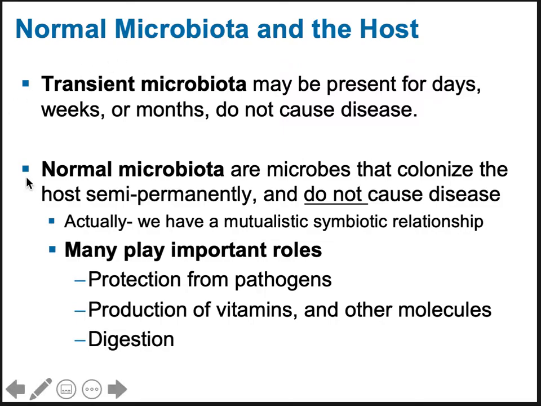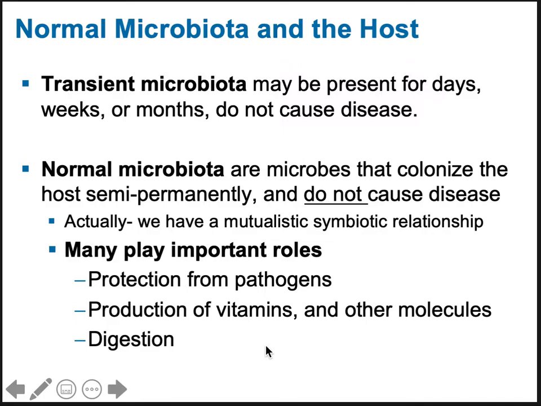So, as I mentioned already, we have a mutualistic symbiotic relationship with most, if not all, of our microbiota, playing important roles like protection against pathogens. They're taking up space and resources, which makes it harder for pathogens to be able to colonize. We have the production of vitamins and other molecules, and they can even aid in digestion.